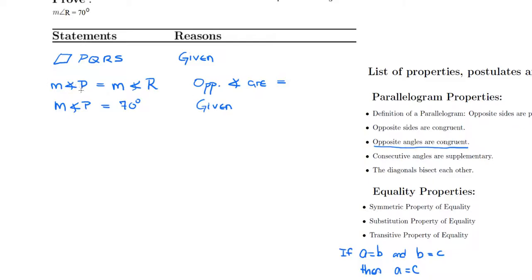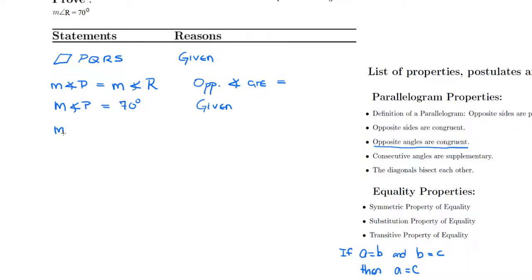I'm going to use P as A, measure R as B, and 70 degrees as C. Okay? So how do I do? Well, let me rephrase that. I'm going to use measure R as A. This guy is going to be A. This one is going to be B, and this one is going to be C. But in order to have this as A, notice that A is in the first part, not in the second. We're going to use the symmetric property of equality.